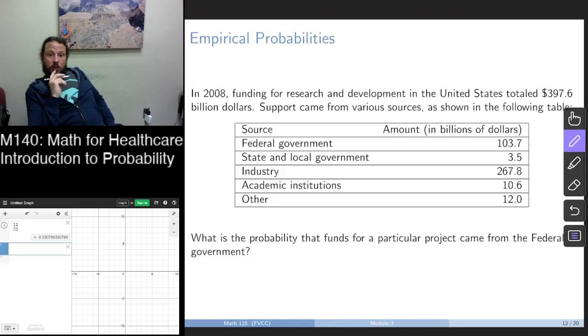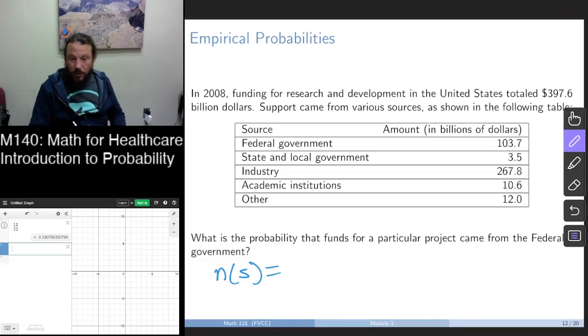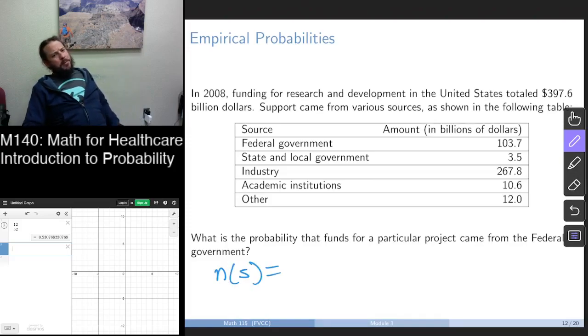Support came from various sources, as shown in this table. What is the probability that the funds for a particular project came from the federal government? Well, what do we have? What is the size of our sample space going to be here?